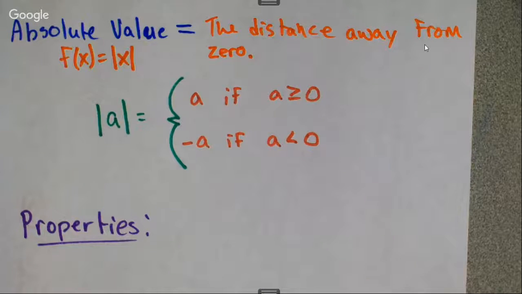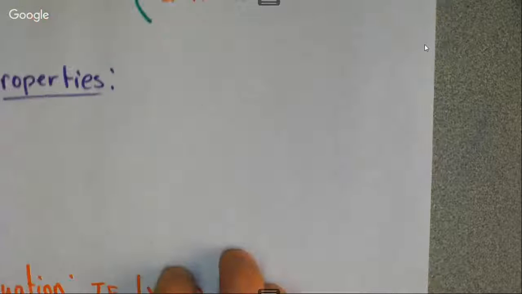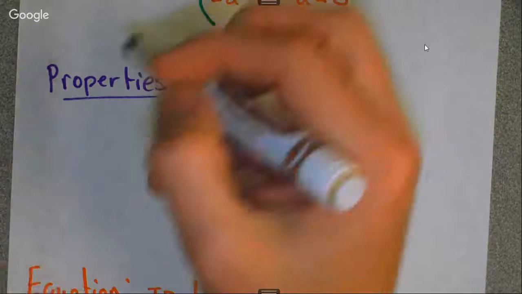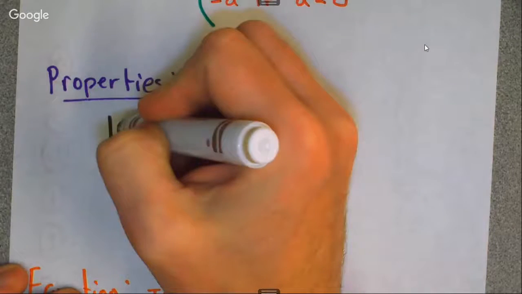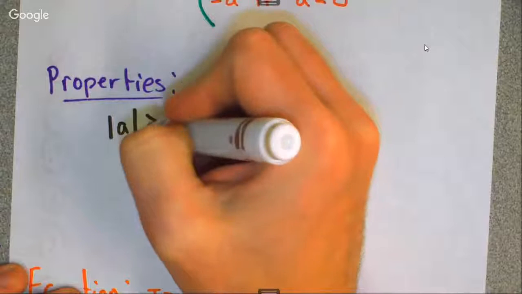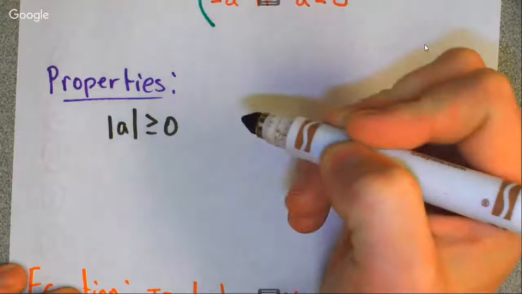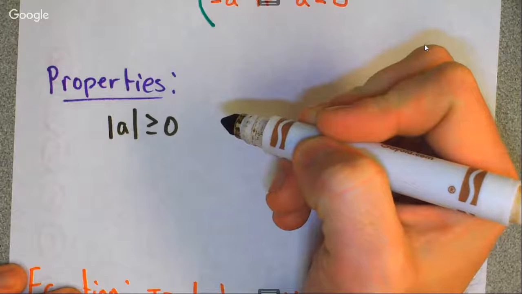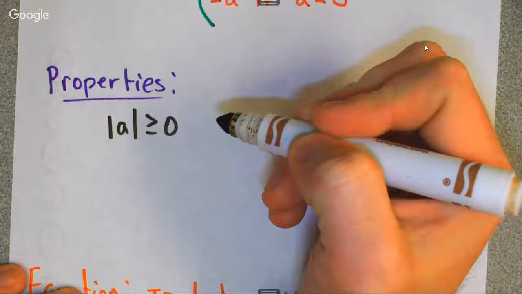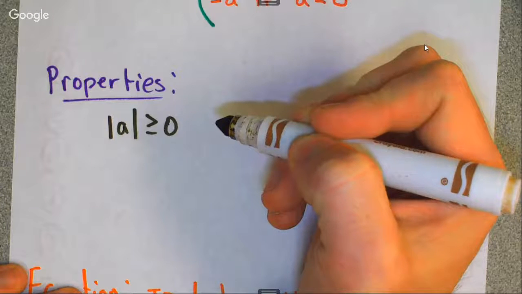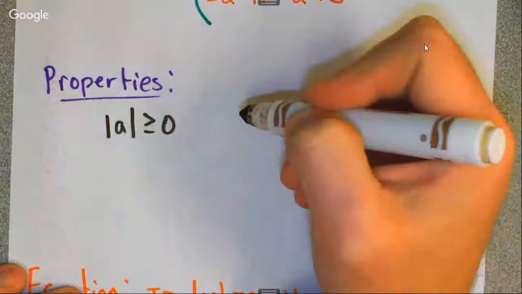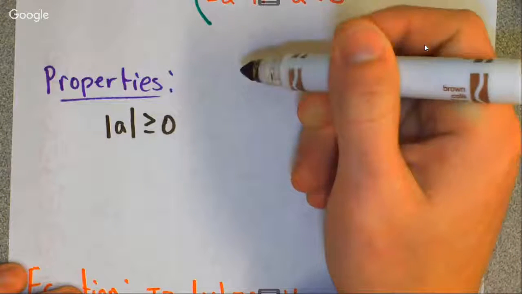We have a couple properties of absolute values that we want to talk about, as they may come in handy later on down the road. The absolute value of a is always greater than or equal to 0. Because absolute value is a distance, we can never have a negative distance. Even going backwards is still a positive distance.